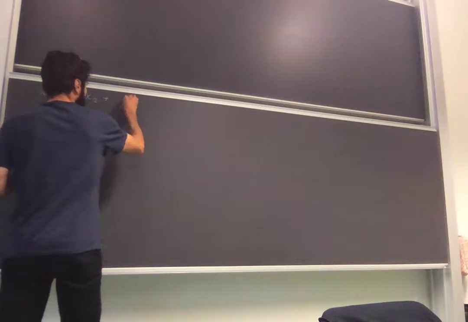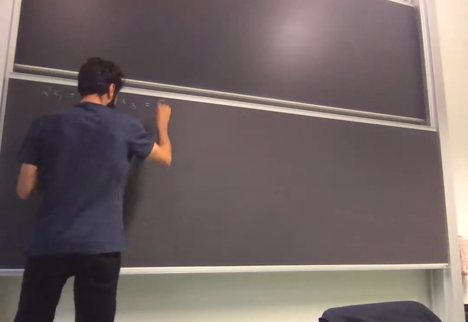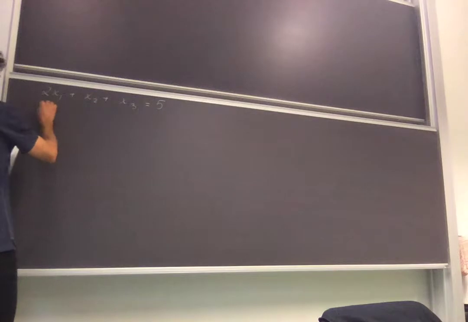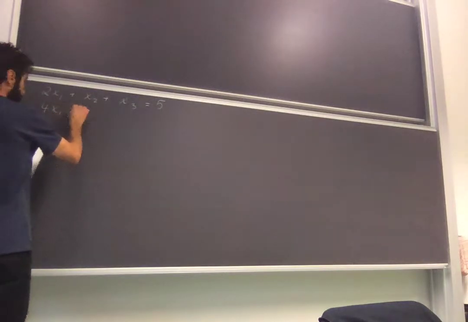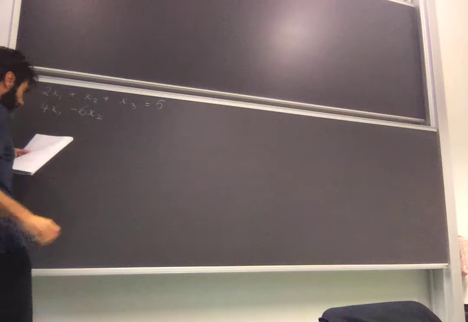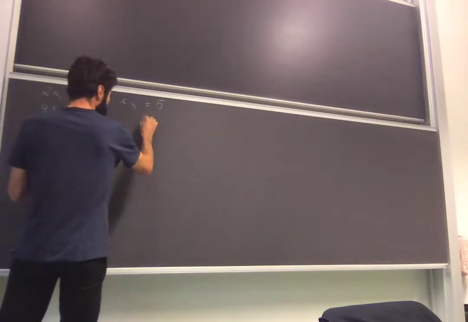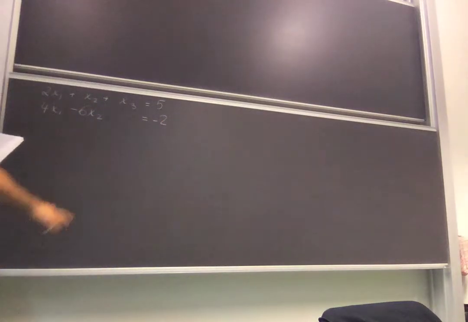Suppose we have this system here. x2 plus x1, x2, and x3 equals 5. Then we have 4 x1 minus 6 x2 equals minus 2. So I'm leaving gaps here where I have zeros, okay?